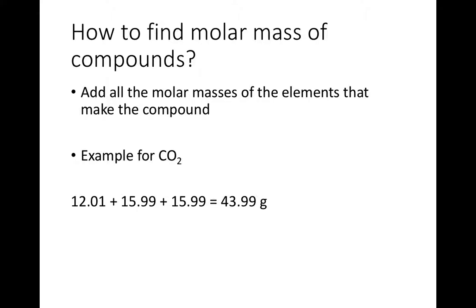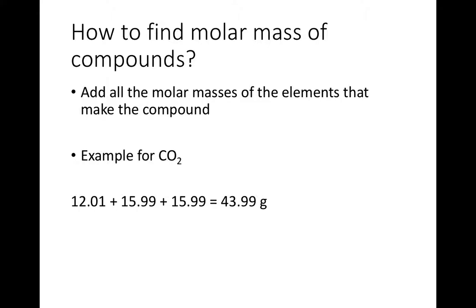If I wanted to find the molar mass of carbon dioxide, I would find the mass for carbon, which in my periodic table is 12.01 grams. I would find the mass for oxygen twice because oxygen is O2 according to CO2, so 15.99 plus 15.99. Just add all of them together, you get 43.99 grams.